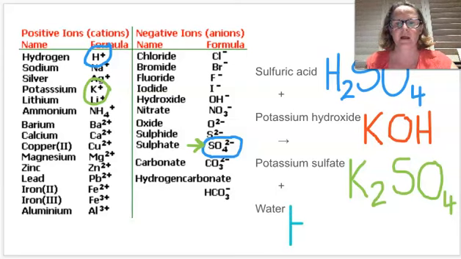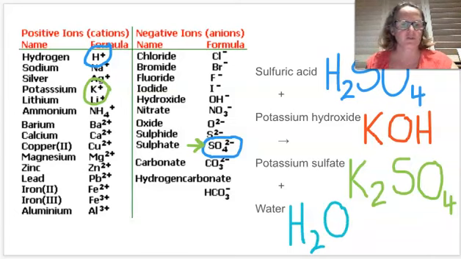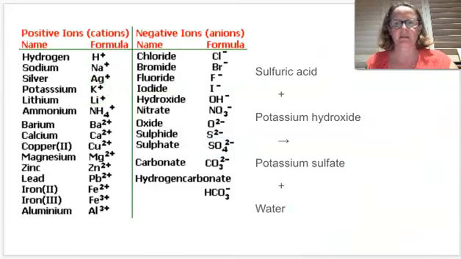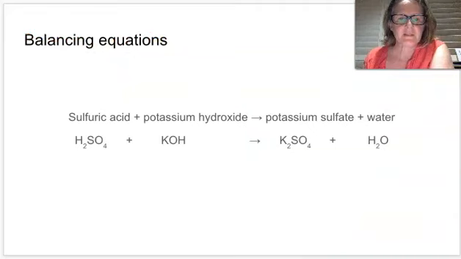So these are our molecular formulae for this neutralisation reaction. We have a slight problem, and I'll show you what the problem is on the next slide. So when we react an acid and a base to make a salt plus water, in this case we don't have an equal number of atoms on the left in the reactants as we do on the right in the products.